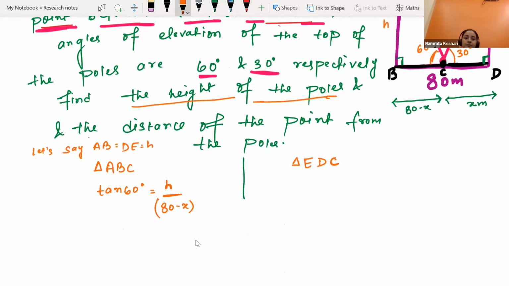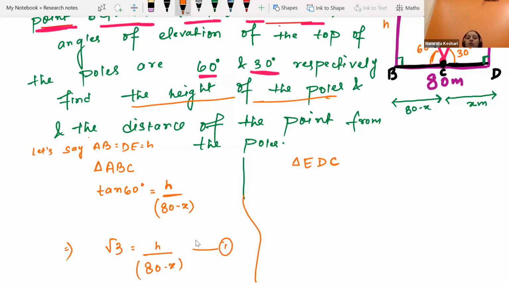Yes, ma'am. Now the tan 60-degree value, tell me quickly, every day we are using tan 30 degree, 60 degree. So tan 60 degrees is root 3. Root 3 is equal to H over 80 minus X. We will call it equation number 1.